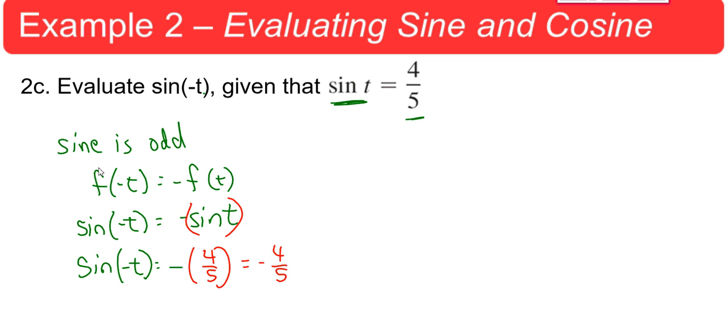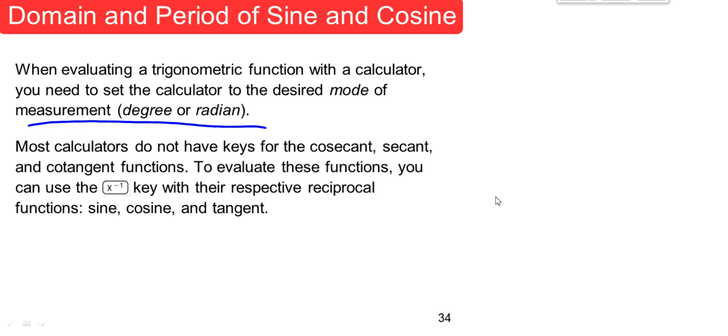Now, moving along, when we're evaluating a trig function with a calculator, we need to set our mode in either degrees or radians. So the little calculator that you're using, I do not have one on the screen yet, although I think we've ordered them.